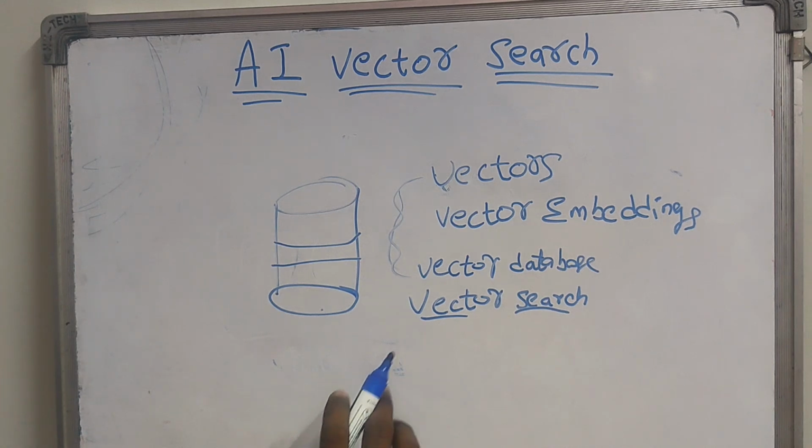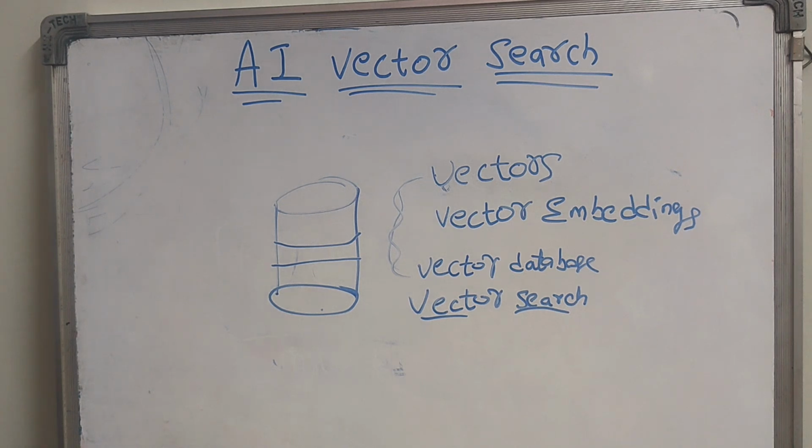It allows you to ask questions of the unstructured data and get the relevant answers back. So here we are able to understand what is a vector, what is a vector embedding model, what is a vector database, and what is vector search.